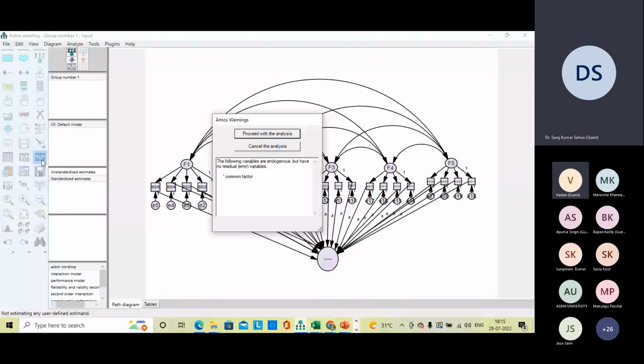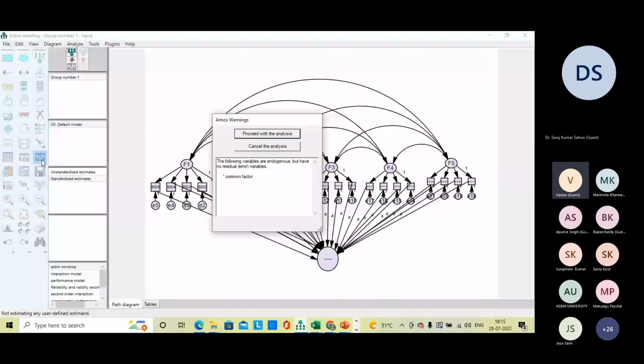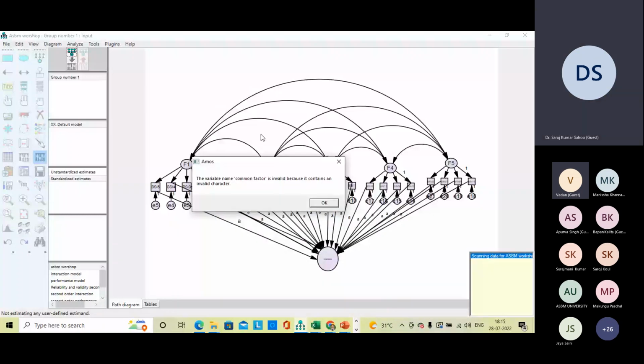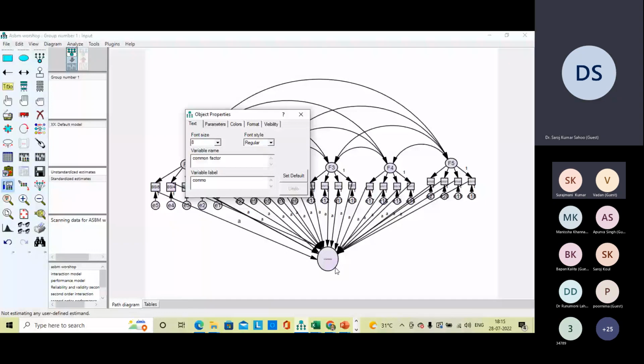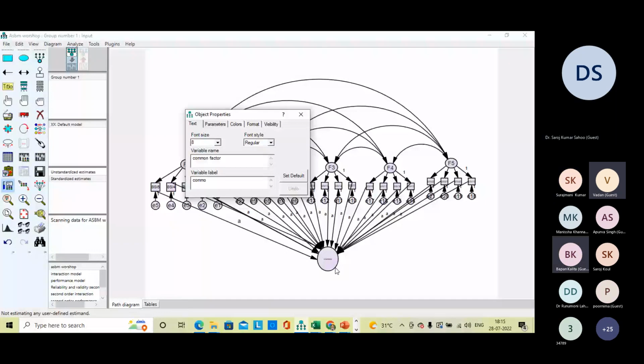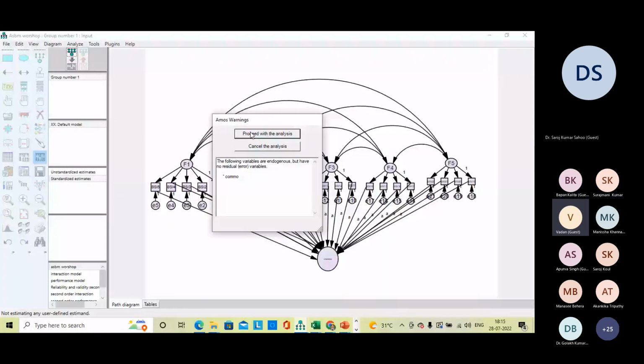There is a space between the two words, common and factor. So we can verify by removing the space.